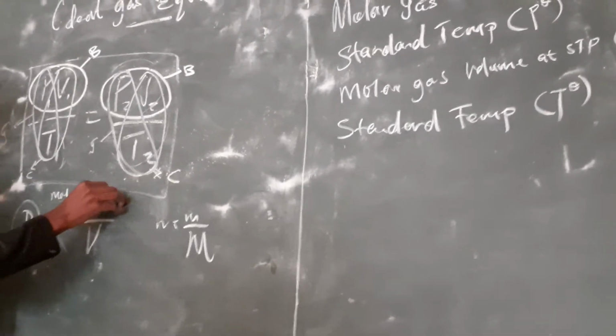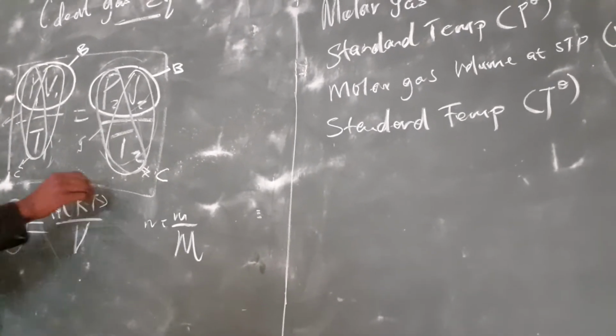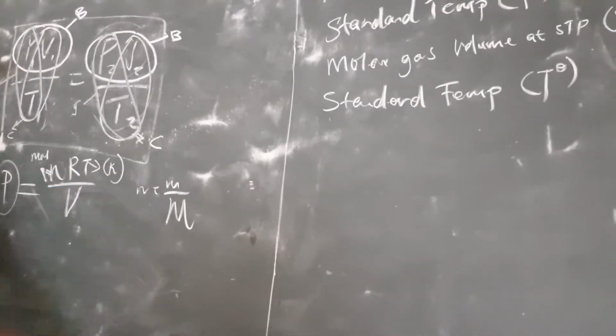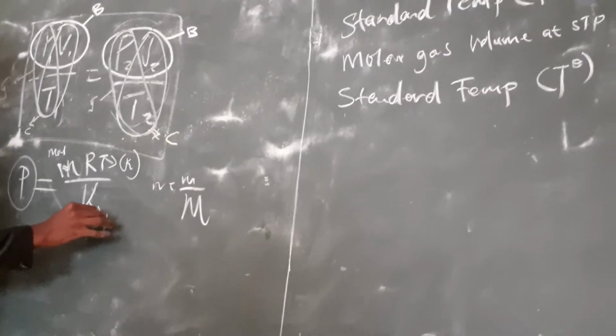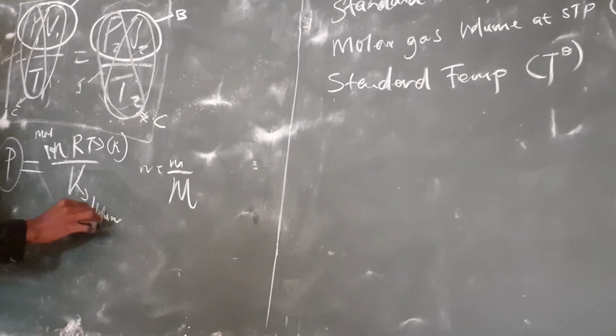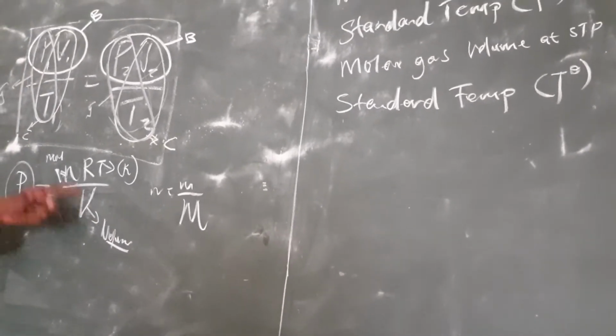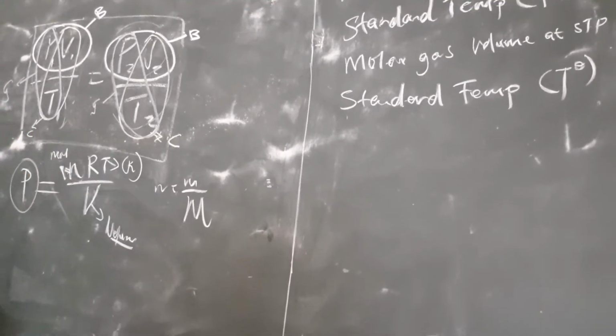And then T, remember that T is temperature, measured in capital K, kelvins. And then V stands for the volume, the volume of the substance or the medium.